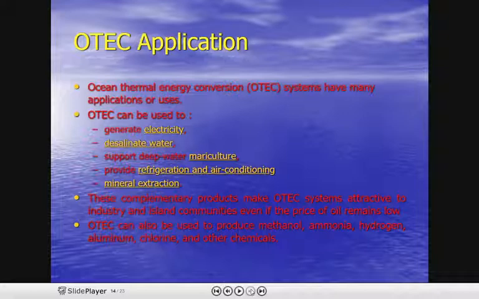Now, OTEC application. Ocean thermal energy conversion system has many applications. जैसा कि हम सब जानते हैं कि जो शिप्स हैं जहाँ पे पावर प्लांट आसानी से इंस्टॉलेशन नहीं किया जा सकता है उस जगह पे हम, there are some alternatives of the renewable energy system that will be obtained such as the OTEC, tidal, winds, and in this the electricity is obtained by the different mechanism process.